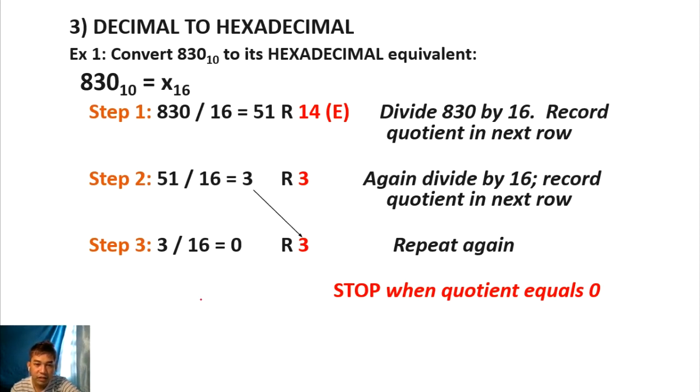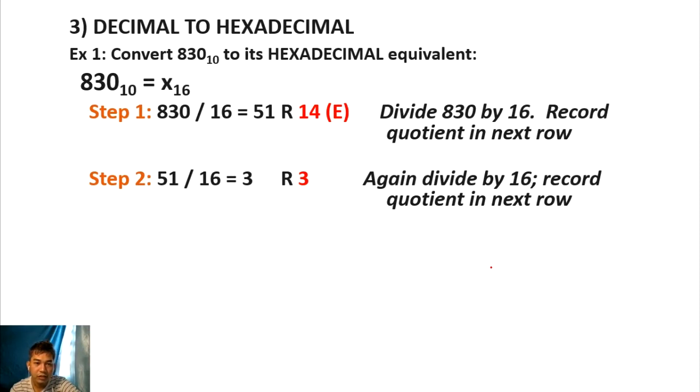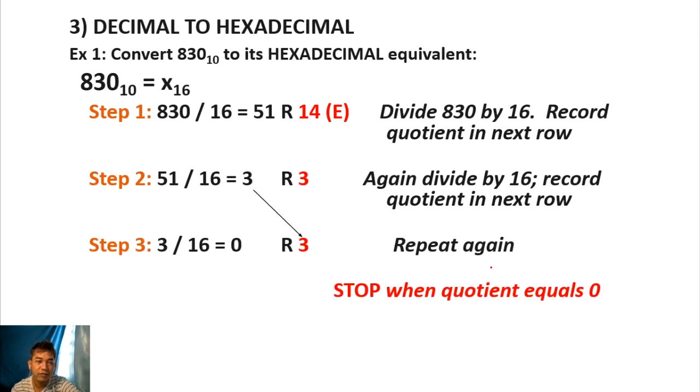Okay, then our result is, of course, 3E. Same pa rin ha. Yung LSB natin is yung first remainder. MSB is our last remainder. So yan yung process on how to convert from decimal to any other number system.